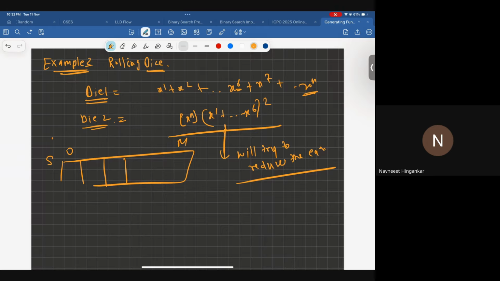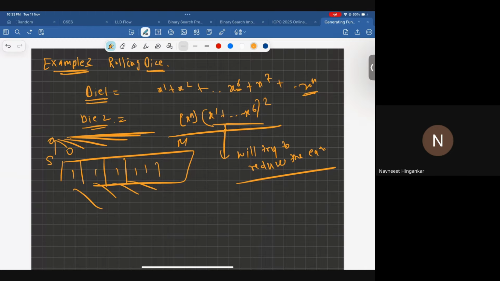The initial state is 0, then 1, 2, 3, 4, 5, 6, or up to k, right? So they will try to add 1 on this, then again they will generate the recursive solution from this, that 1 plus state, like the recursion tree. But this will get very complex in that case.